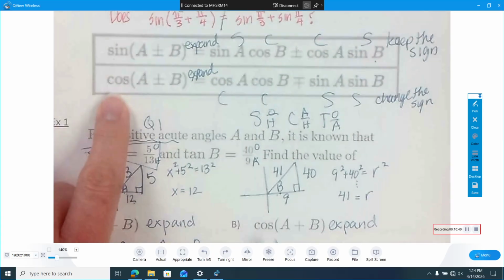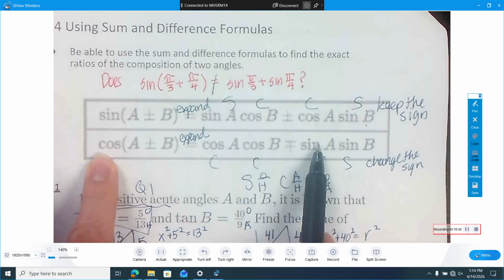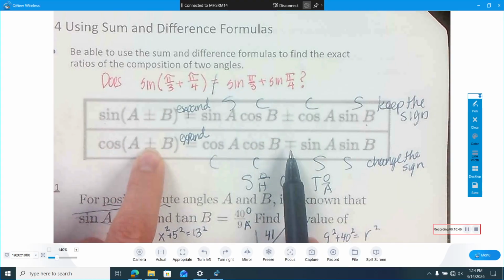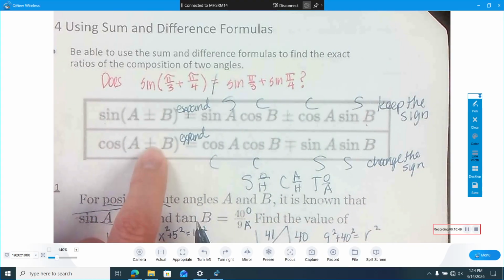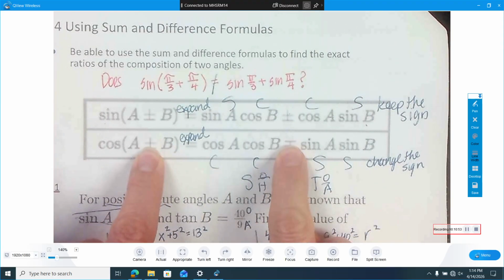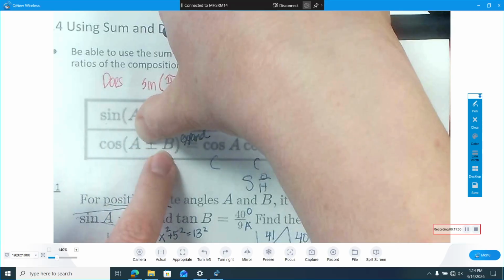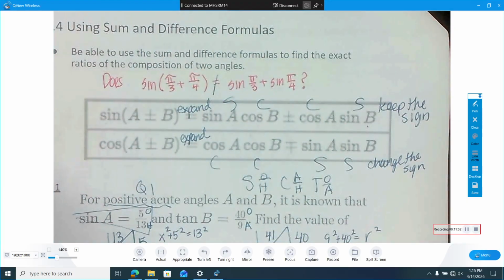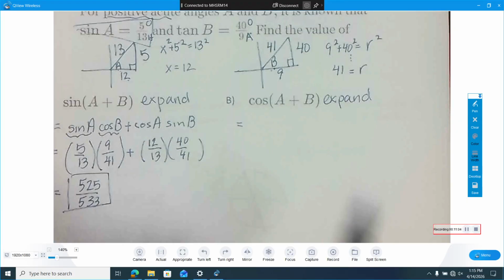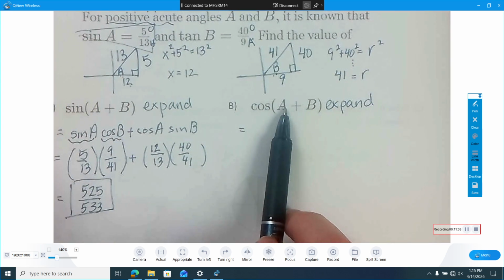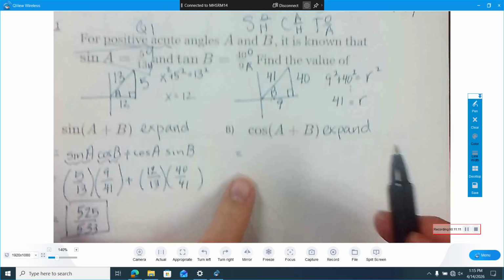So for cosine, we're going to do cosine, cosine, sine, sine, change the sign. So here, the reason we change the sign is because of the order here. The plus is on top, and so in this expansion, the minus is on top. So let's do the expansion.